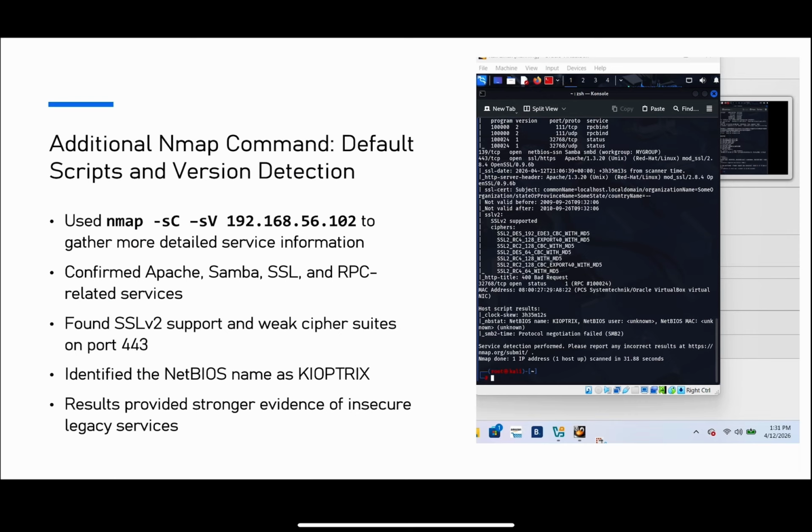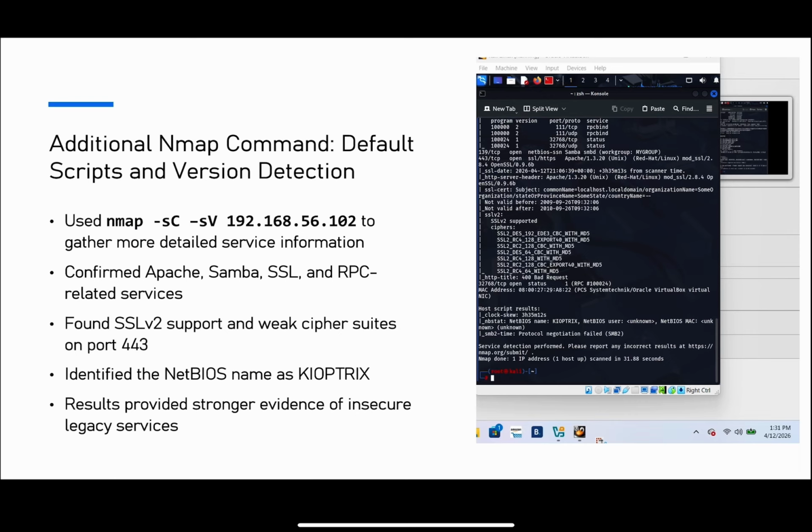For the second additional Nmap command, I used nmap -sC -sV to run default scripts and gather deeper service information. This scan provided more detail about the services running on the system, especially the HTTPS and SMB related services.